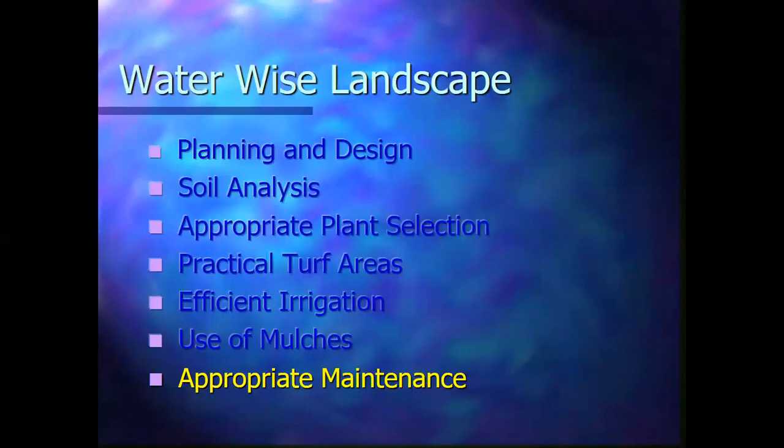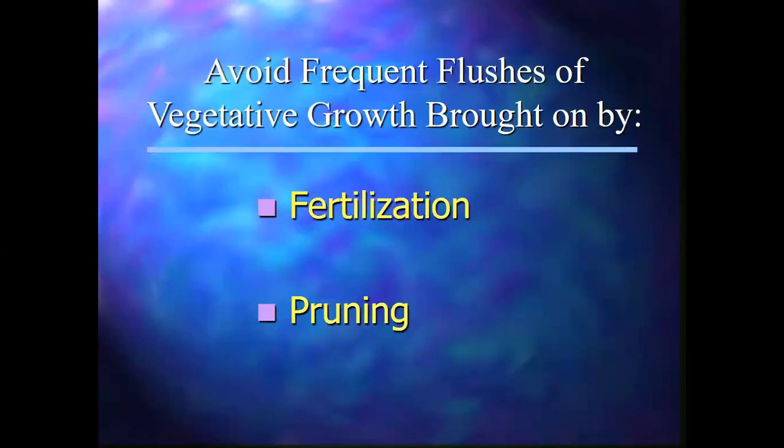Appropriate maintenance, staying on top of that maintenance, is very important. Well, fertilization and pruning. You want to try to avoid producing a lot of heavy flushes of vegetative growth. Now in the spring, you're going to get a pretty good flush of growth.